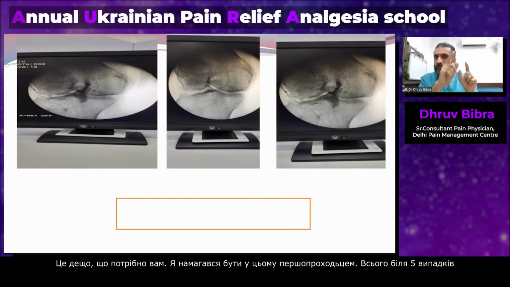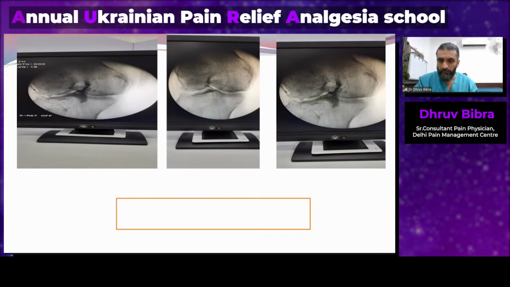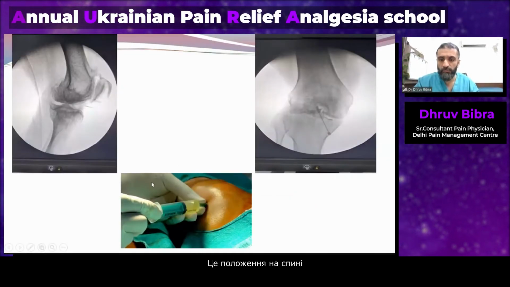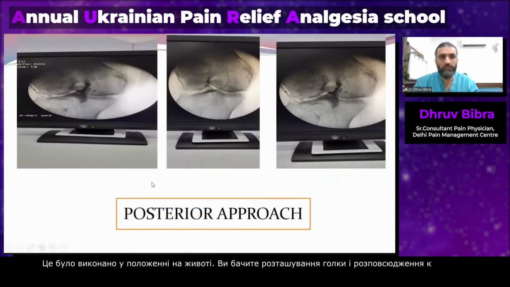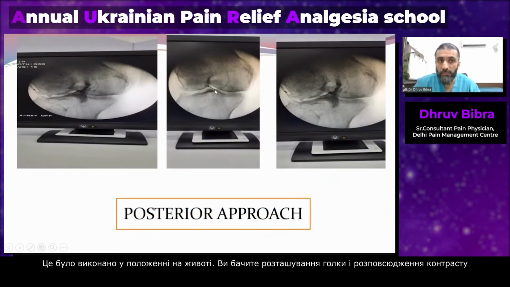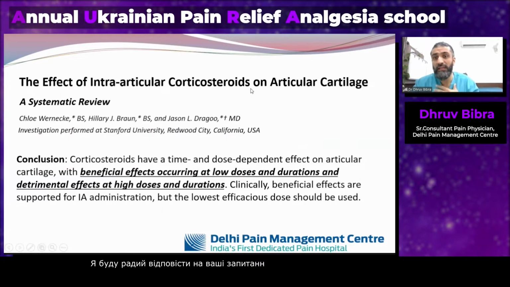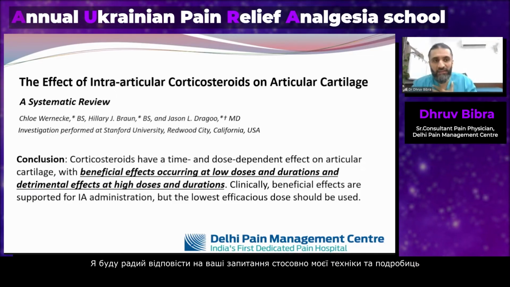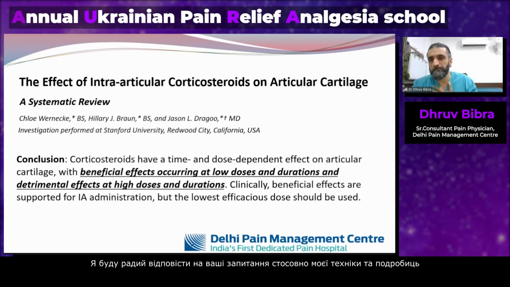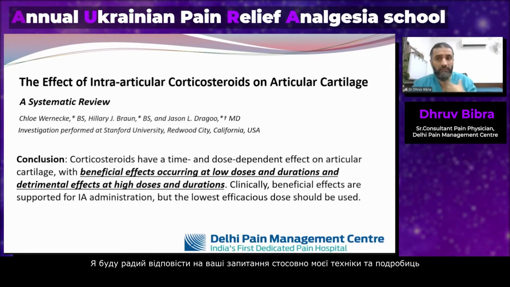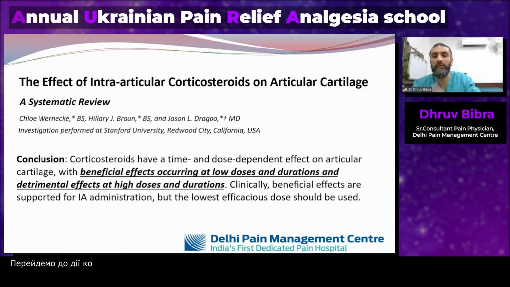Those were done in supine position, and this was done in a prone position. So you can again see the needle placement and the dye spread. Fine. I will be more than happy to answer any questions regarding my technique, with the details of my WhatsApp and mail given to you.